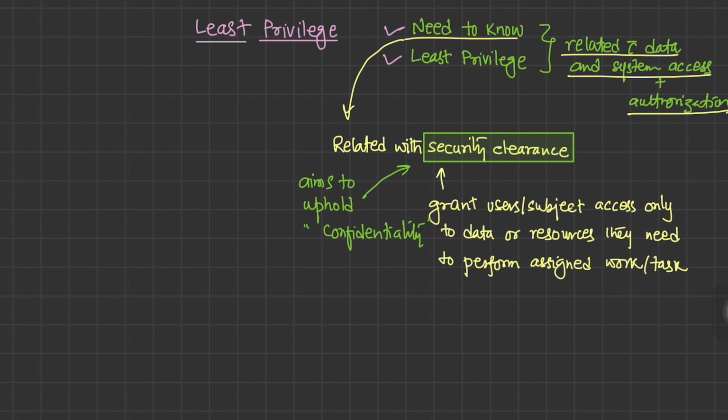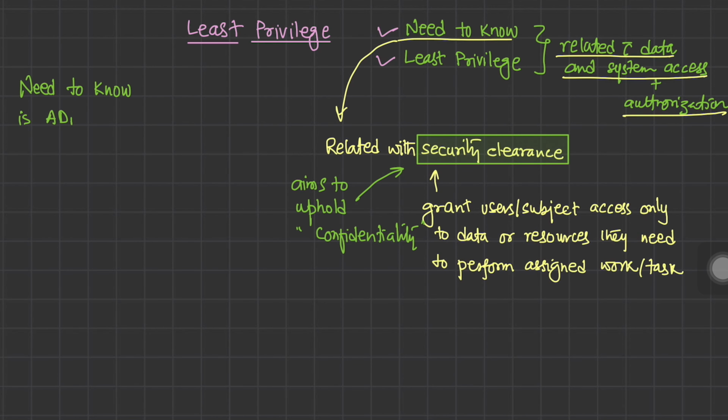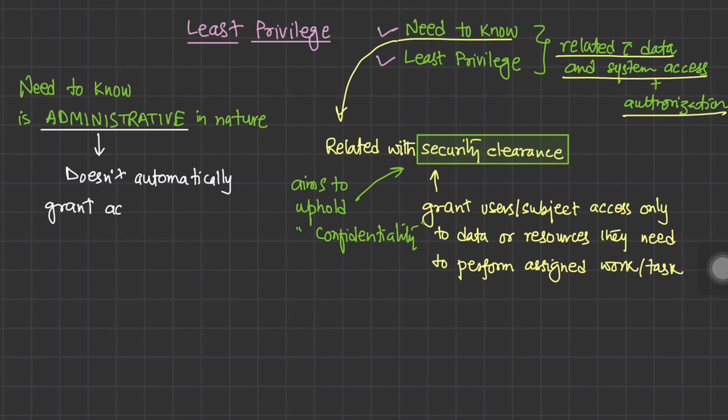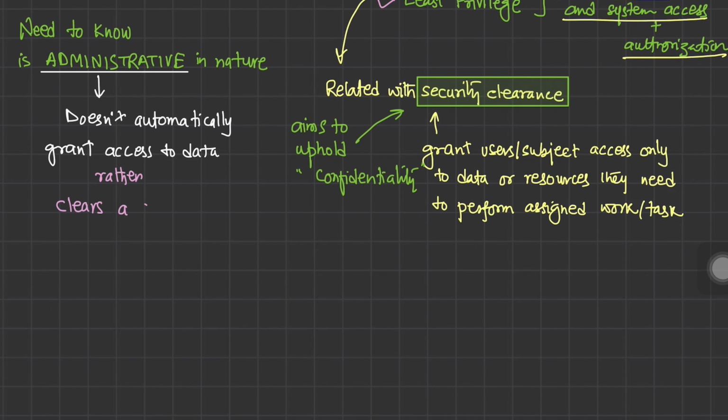So least privilege is basically the implementation part of the need to know principle, right? Need to know is administrative in nature. It doesn't automatically grant access to data, rather it clears a subject in its authorization to handle data or system level, right?